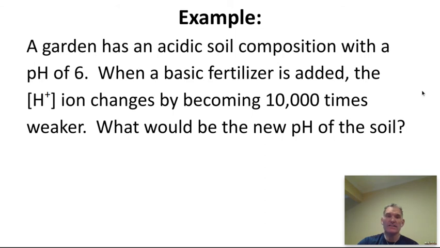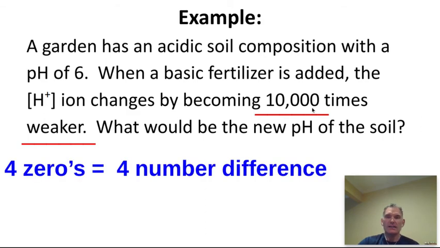Well, I know it's starting off as 6, which is a weak acid. I'm adding a base, and it's changing 10,000 times weaker. So I want to make note of how many times and how stronger or weaker it's going to be. So 10,000 times weaker. Now, what does that mean? Well, if I know I'm changing by 4 zeros, 10,000 has 4 zeros, that tells me there's going to be a 4-number difference. 1 number difference for each zero.